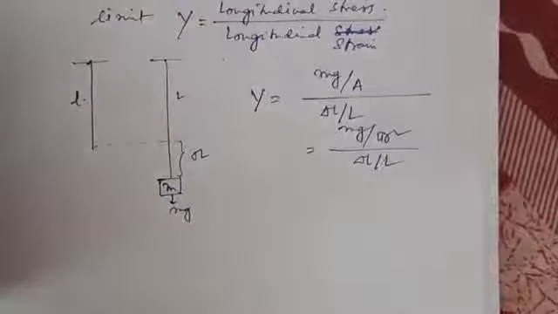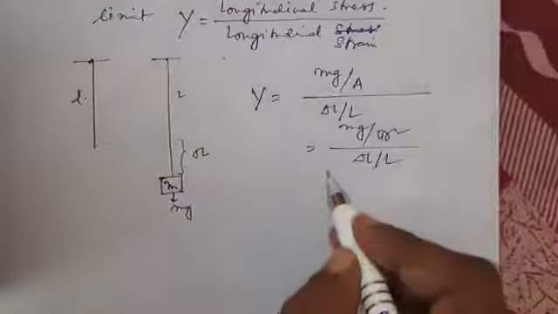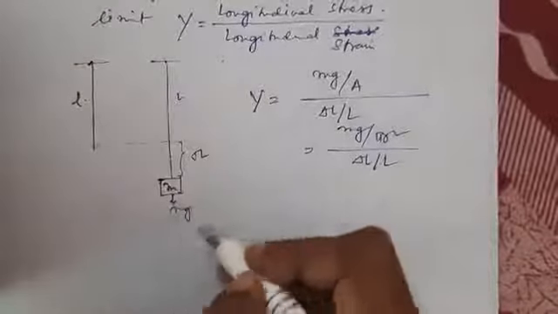So this is the value of Young's modulus for a wire of radius r if a weight mg is hung from it.